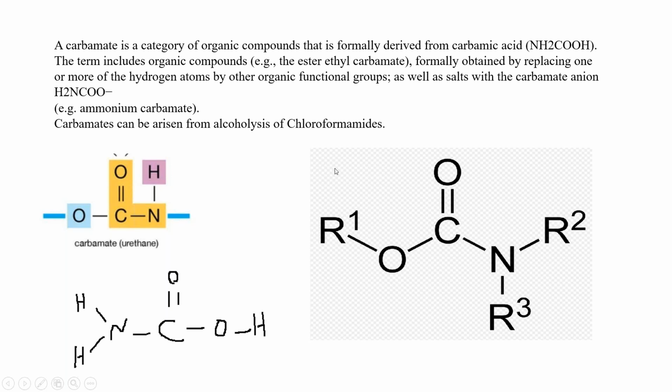As you can see in the scheme, a carbamate is an organic compound which contains ester and amide functional groups, or we can say a carbamate is a derivative of carbamic acid, in which the hydrogen atoms on the oxygen and nitrogen atoms can be replaced with other groups such as aliphatic and aromatic groups.